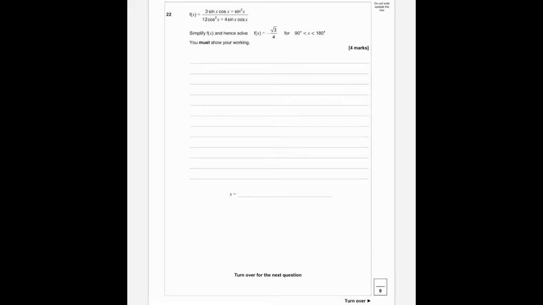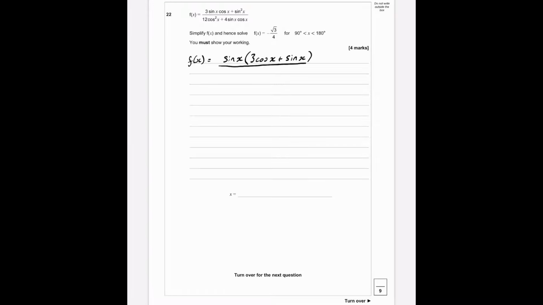Question 22. So simplify f of x to begin with. First thing I'm going to do is factorise the numerator and the denominator, so I can take a sine x out of the numerator, sine x lots of 3 cos x plus sine x.